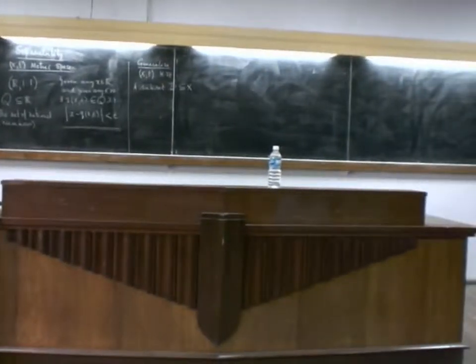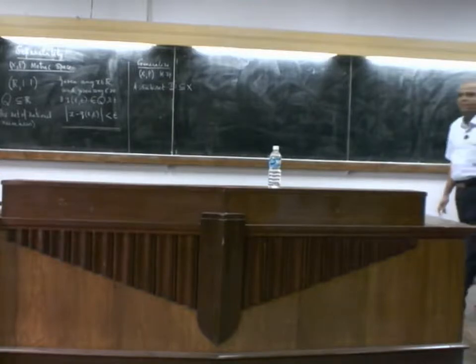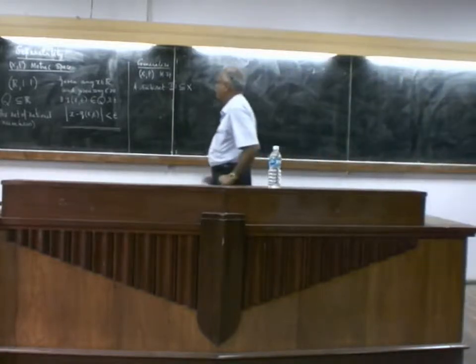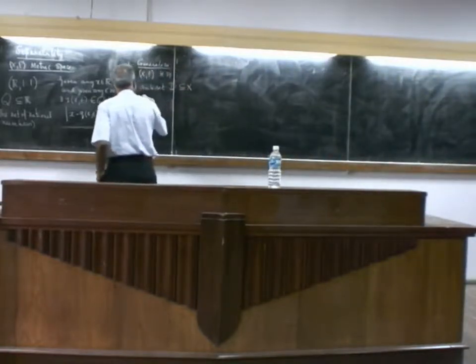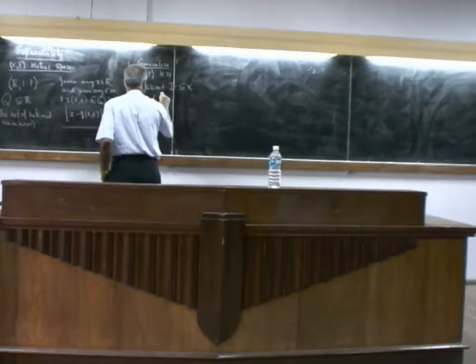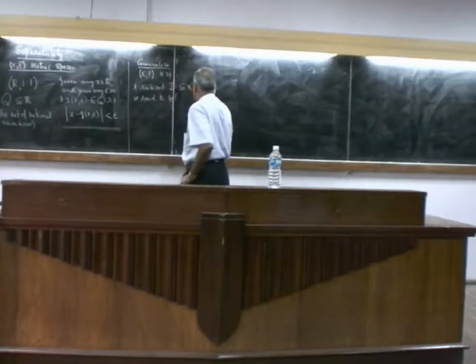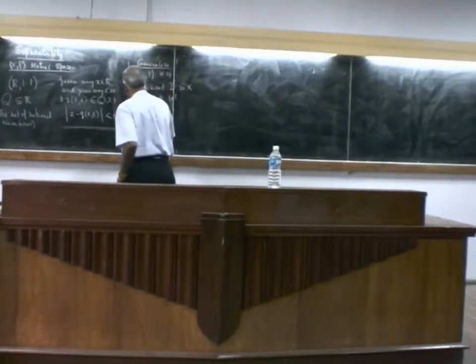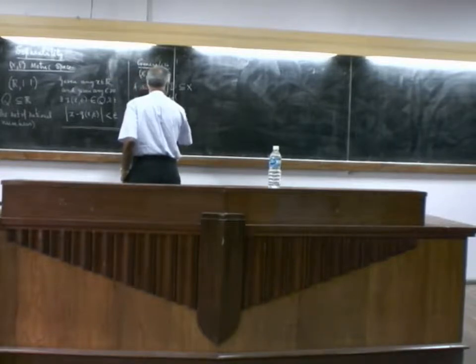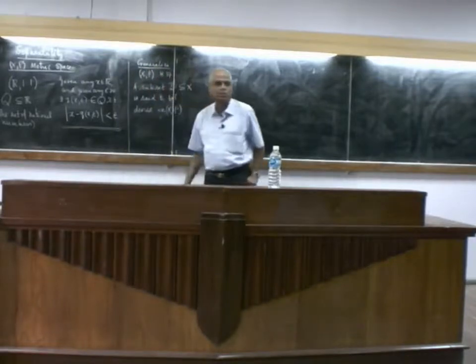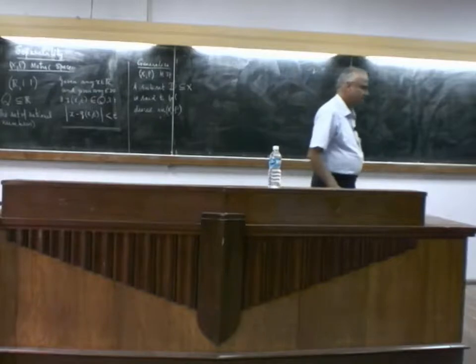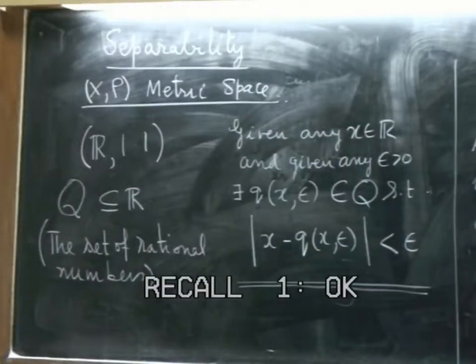The role of Q is replaced by an abstract subset D of X, which is said to be dense in X, rho, if that property holds. What does that mean?